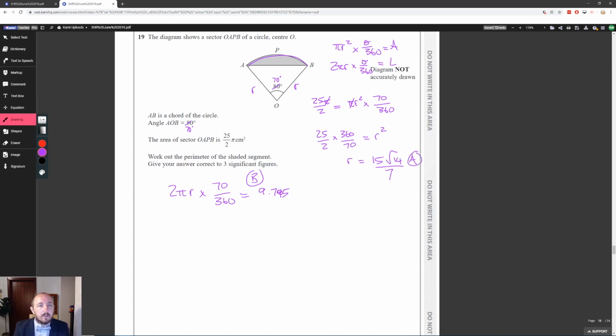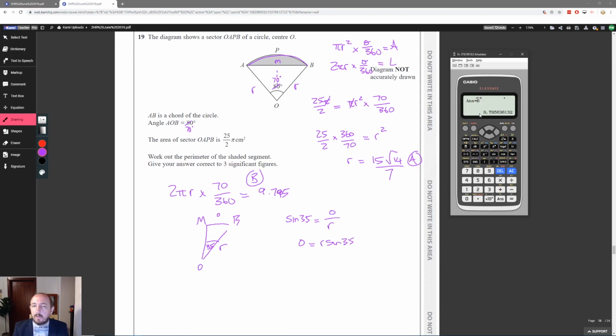So now we need to work out the length of AB. So we're going to need some trigonometry here. I've split this into 2 triangles. Let's call that M, and I've split this down the middle here. So we've got M, B, and then O. This is R for the radius. So the length of MB, which is the opposite, is going to be sine 35 equals opposite over R. So the opposite equals R sine 35.